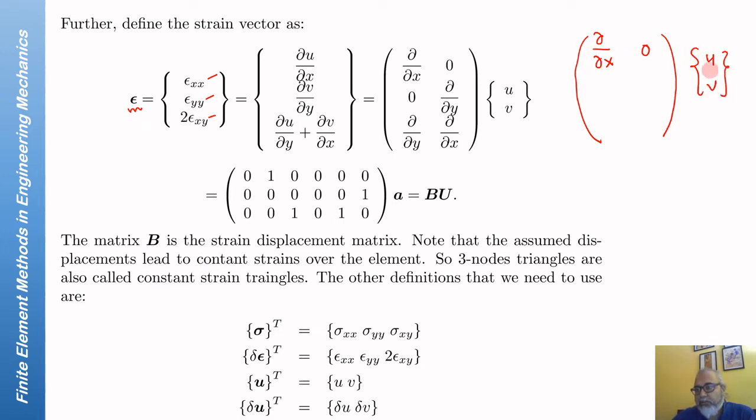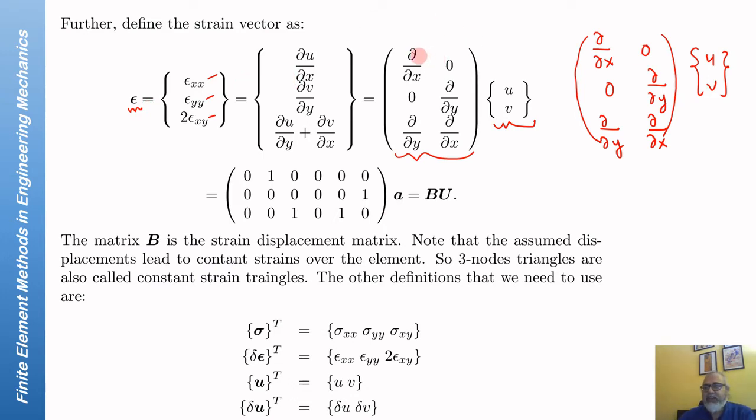This operator operates on u, and with the 0 you get the first equation. Similarly, you get the second equation, and the third equation is this. So this is the operator matrix that operates on the displacement vector at any point to give you the strain at that point. This is the strain displacement operator.